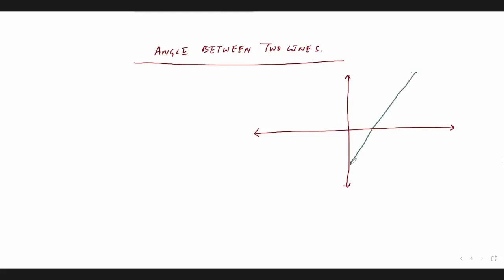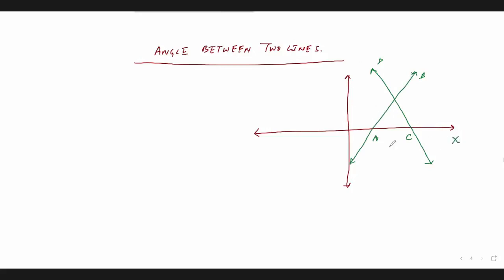This is my one line, and I mark it as AB, and this is my another line, I mark it as DC or CD. So these two lines are intersecting each other, and this is my Cartesian plane.